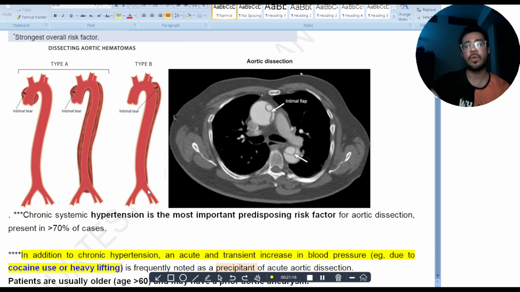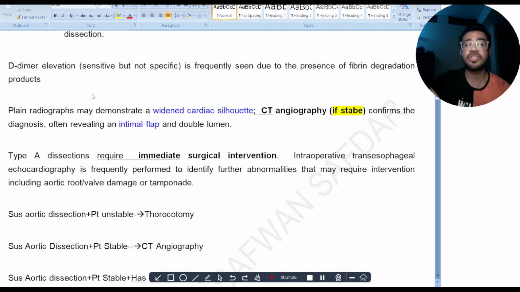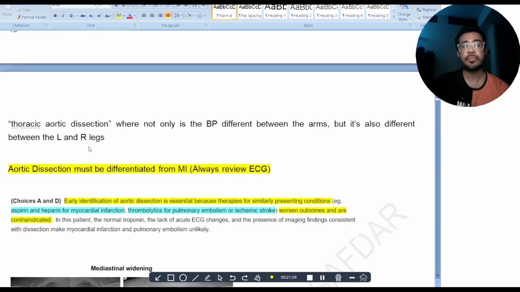If it's type B, you can get a difference between the upper and lower extremities as well. If it's type A, it depends on where the pinching is happening. The difference in blood pressure is a real thing. That's what I just wanted to hammer down. It's not just about the left and right upper extremities. It can also be about the left and right leg difference in systolic blood pressure.